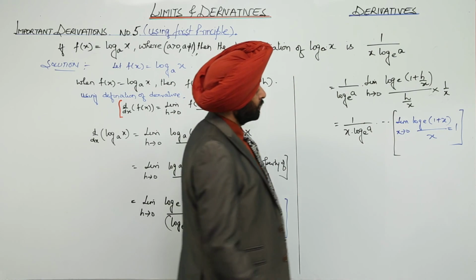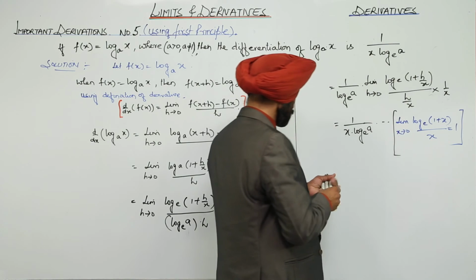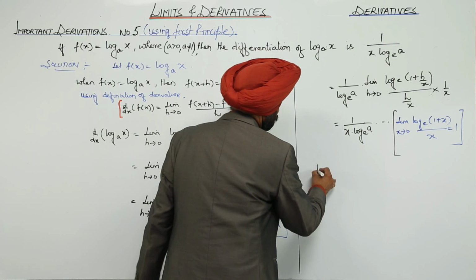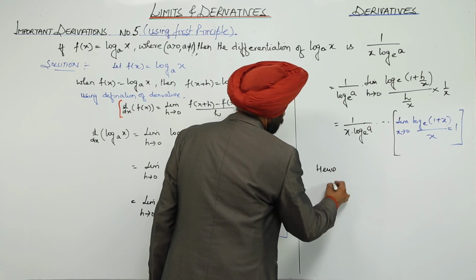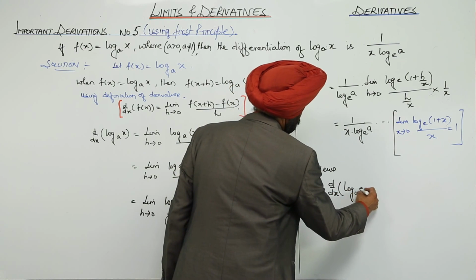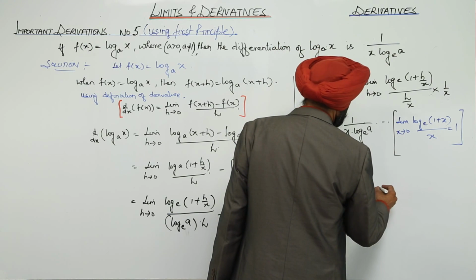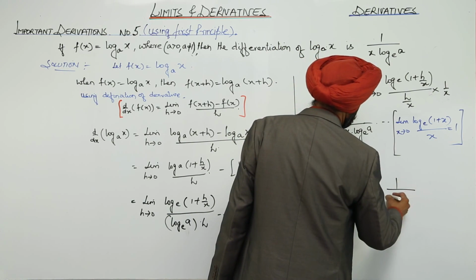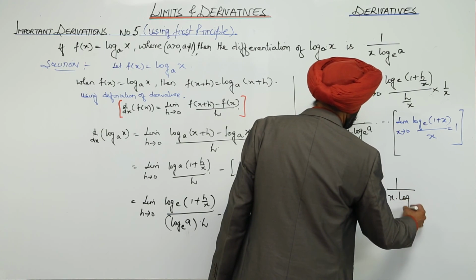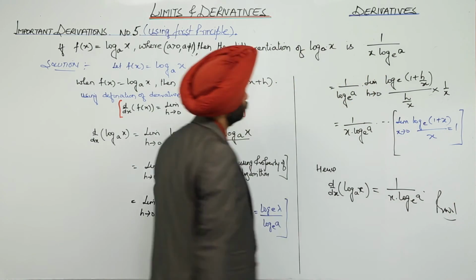Okay. So we can write it directly that hence derivation for log a x is equal to 1 upon x log e a. Simple.